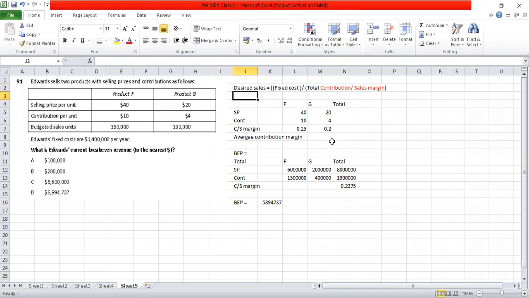So take the total values, which is 8 million something, and then this is 1,000,009. So find out the ratio. The total contribution sales margin ratio is 23.75%, and then the break-even point is 1,400,000 divided by 23.75%. So we got it as 5,894,737.